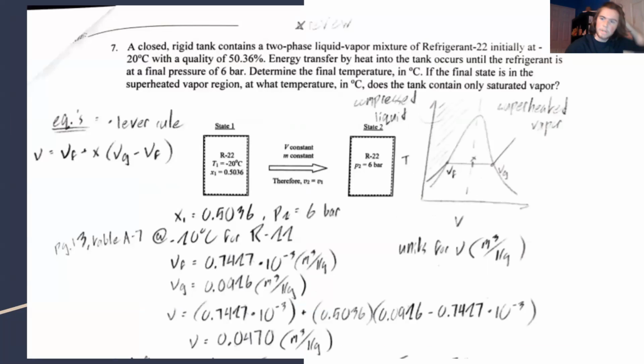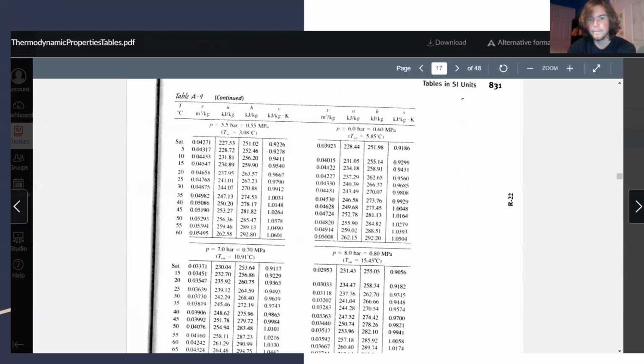We're going to use the pressure given to us in state 2, 6 bar. So we're at 6 bar in R22's specific volume table. You go to the specific volume column and look for the range close to the value we found, 0.0470.